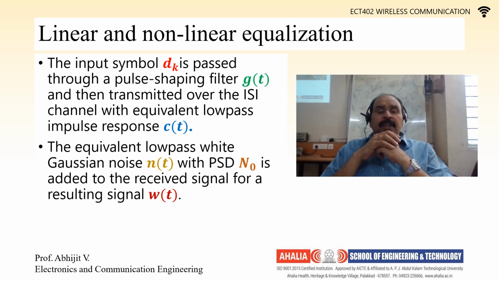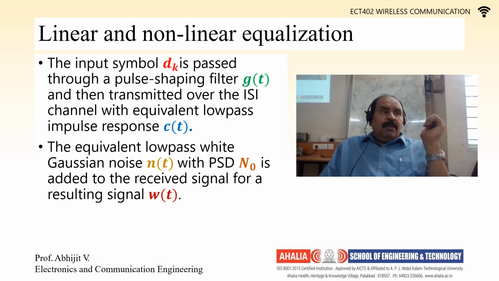So after the signal passes through the white Gaussian noise, we have the power spectral density of white Gaussian noise as N0 by 2. This is added to the received signal, and the resulting signal is w(t).